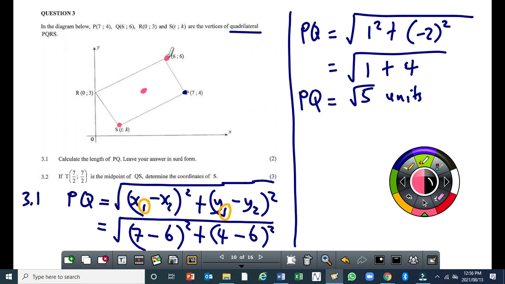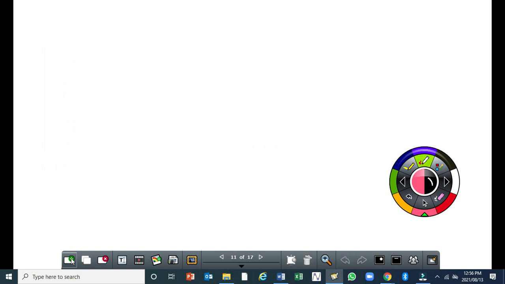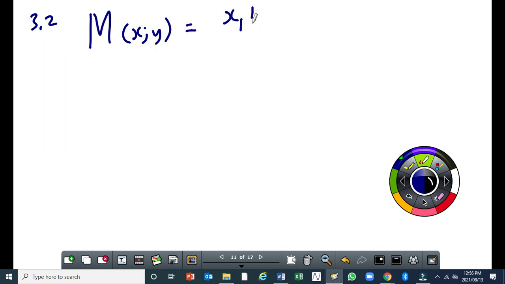Now, to do this question we have to use the midpoint formula, but here the midpoint is given. So when you're doing a question like that, this is 3.2. Our midpoint formula, we write as M(x, y) equal to (x1 plus x2 over 2, y1 plus y2 over 2).